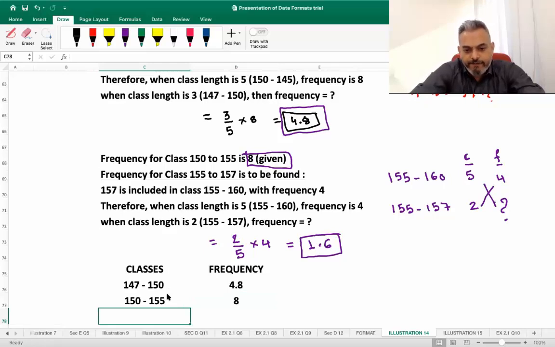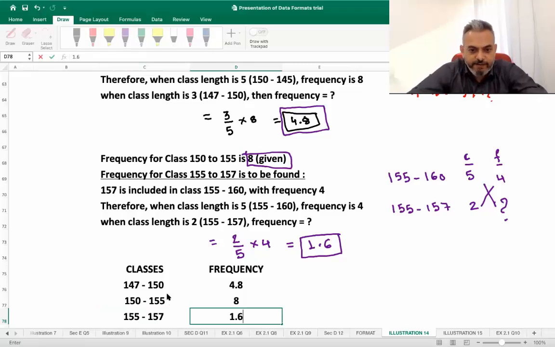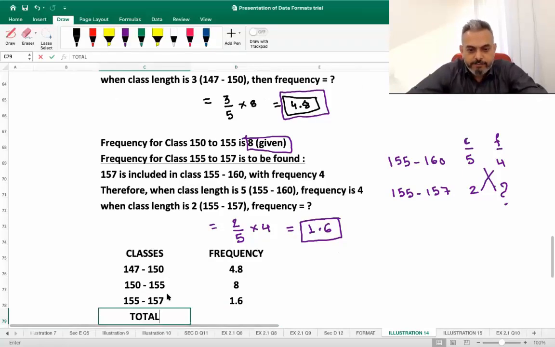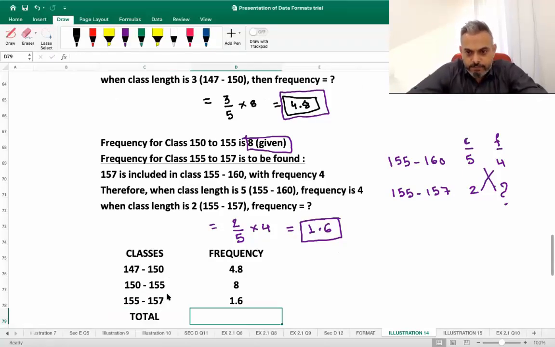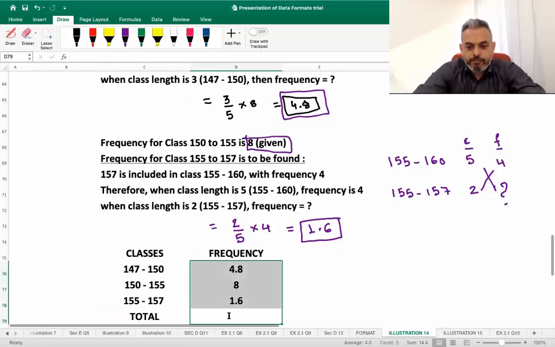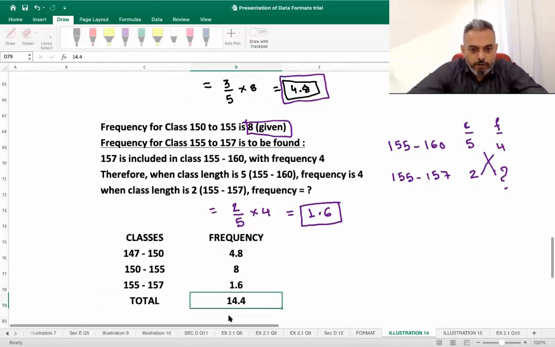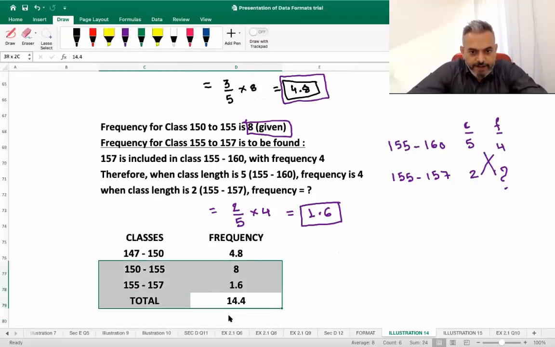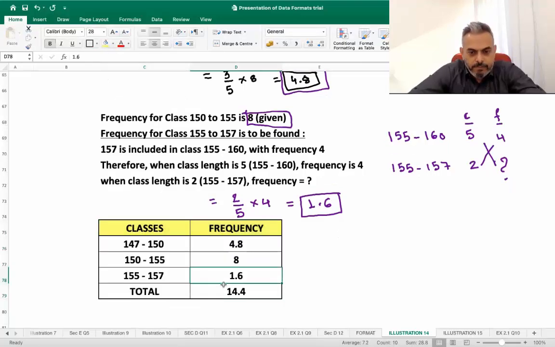And then 155 to 157. Frequency is how much? 1.6. So total 14.4. You also make a table as your final answer. This is our final answer. 14.4.